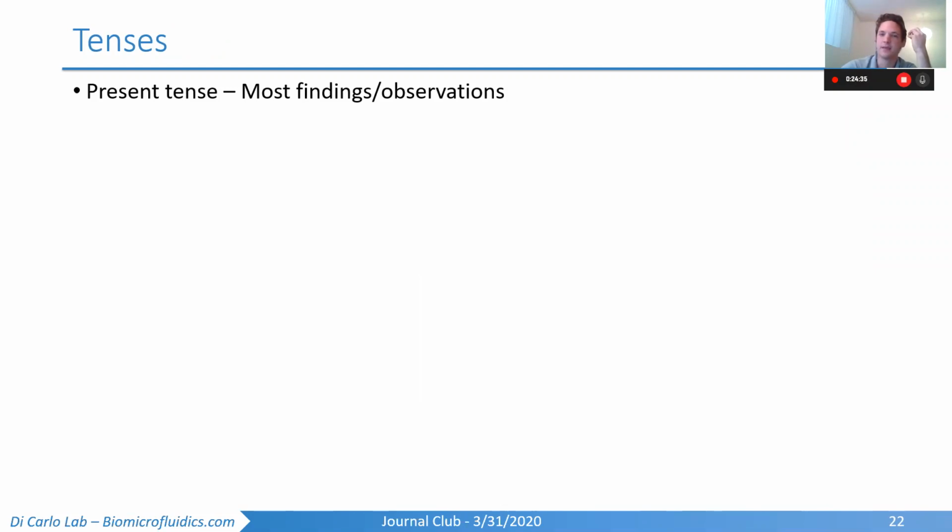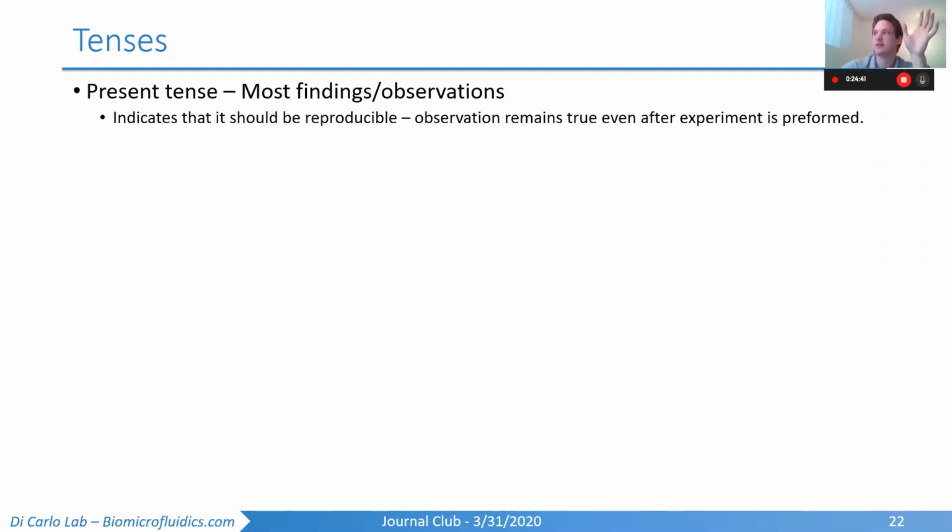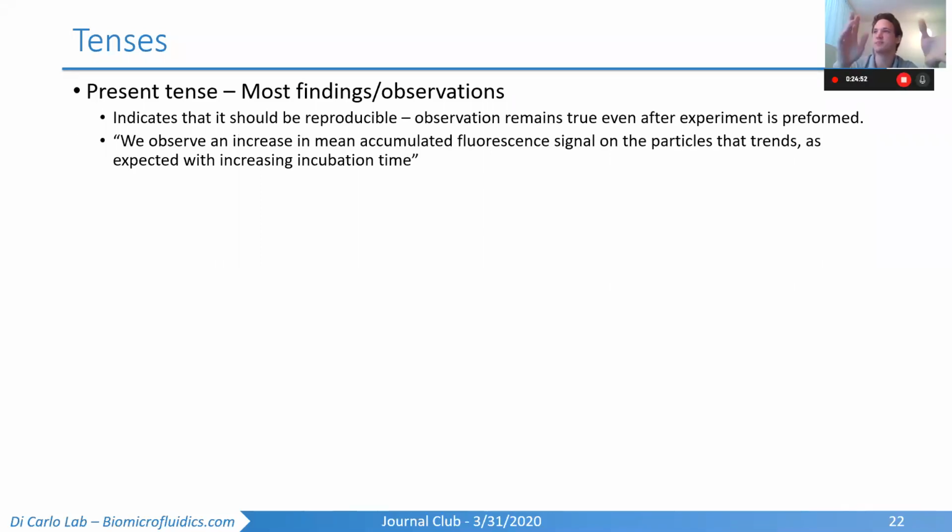Some people in the science community may feel a little differently about this, but the idea is that with the present tense, you're indicating that it's something that should be reproducible. Observations will remain true even after an experiment is performed. An example is, we observe an increase in mean accumulated fluorescent signal on the particles that trends as expected with increasing incubation time.